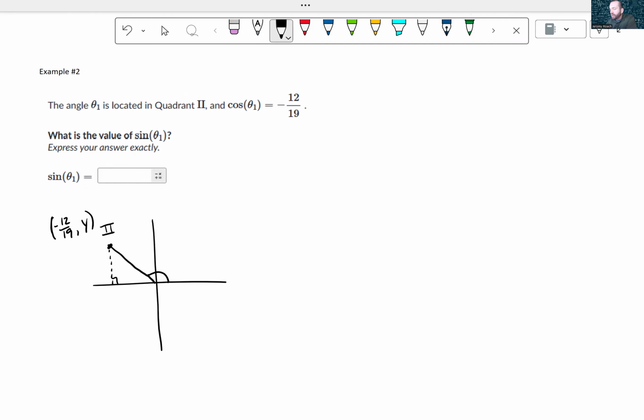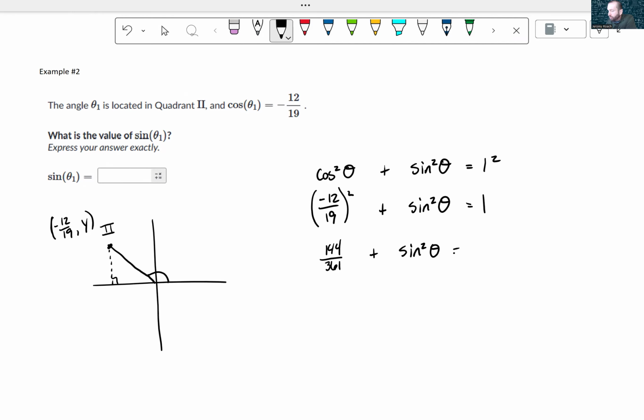So we're going to use the Pythagorean identity again. Cosine squared theta plus sine squared theta equals 1 squared. And so this is negative 12 over 19 squared plus sine squared theta equals 1. And this equals 144 over 361 plus sine squared theta equals 1. We're going to subtract that.